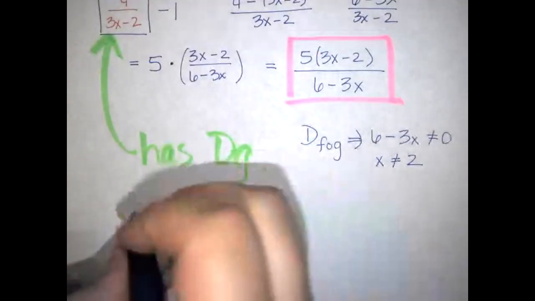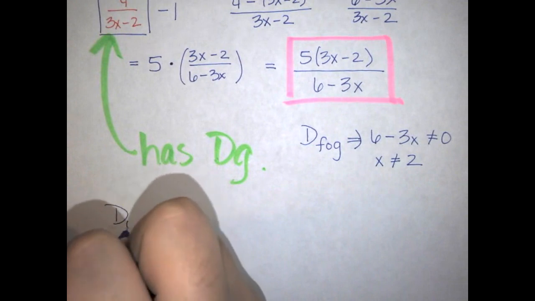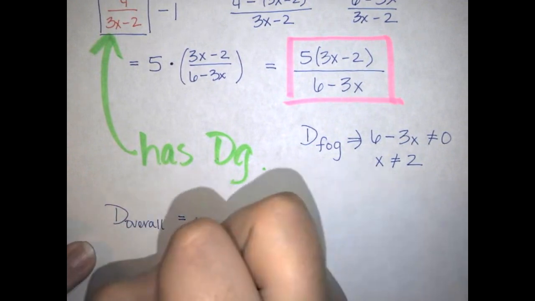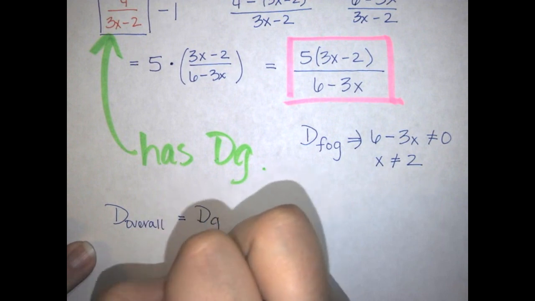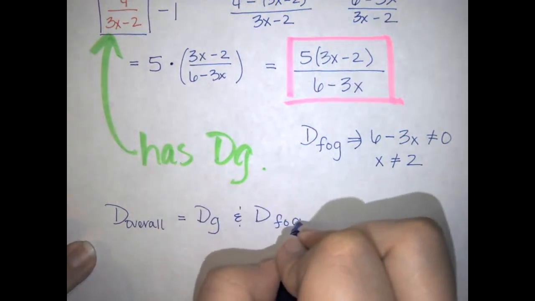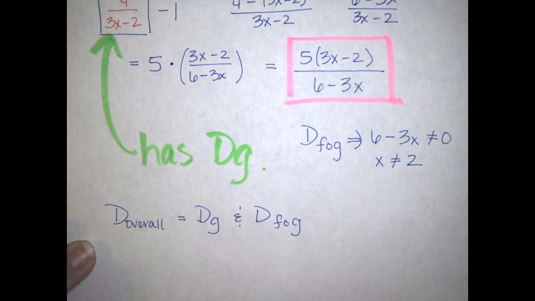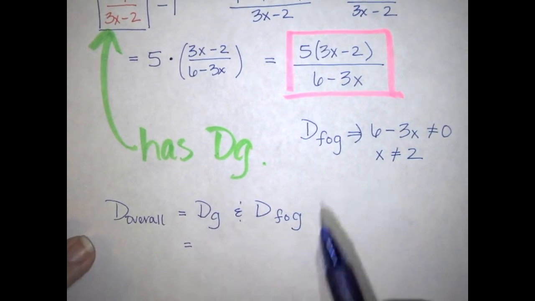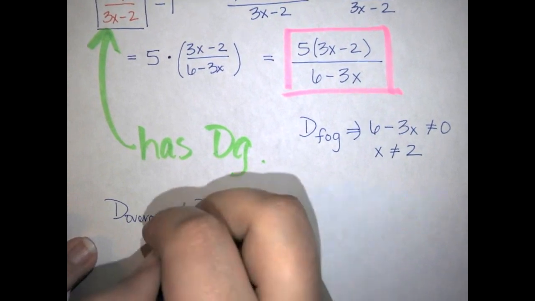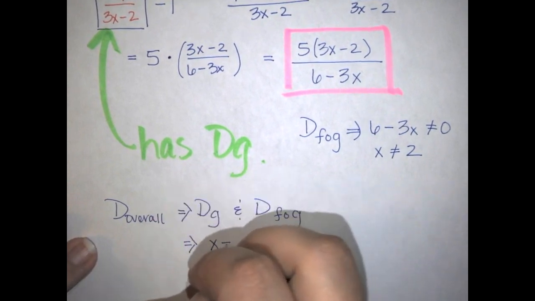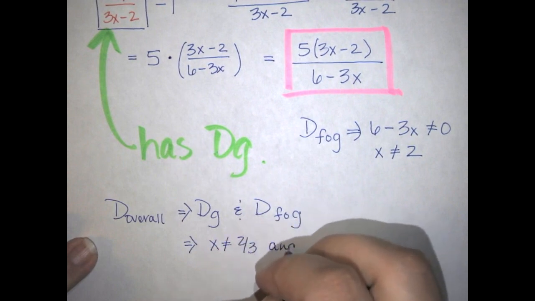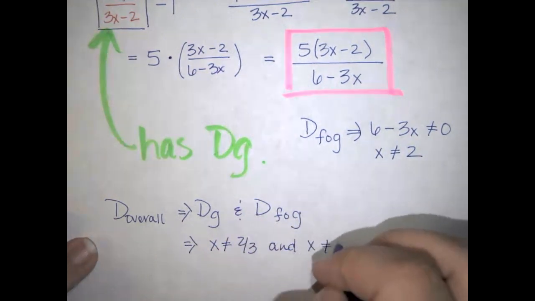So in order to find my overall domain, I have to use the domain of G and the domain for f of G, which says that x can't be 2/3 and x can't be 2.